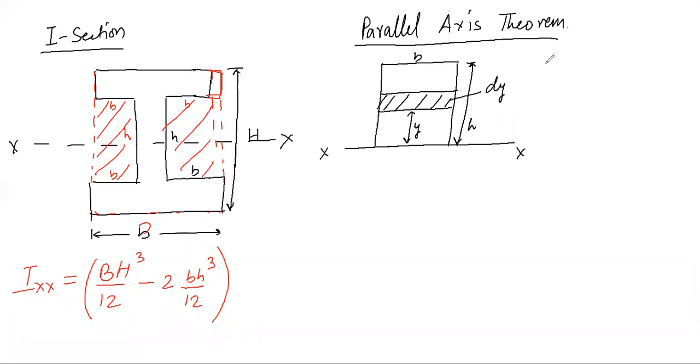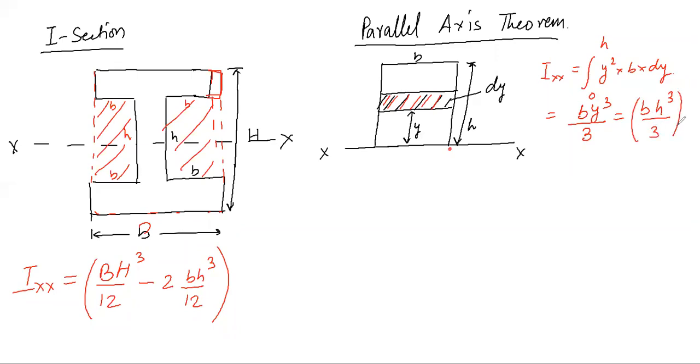As per the normal condition, I about the x-axis can be defined as integral from 0 to h of y square dA. That area is your shaded area, that is b into dy. So this can be written as b y cube by 3, which is also defined as b h cube by 3.